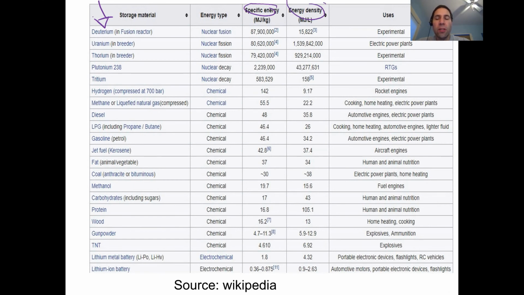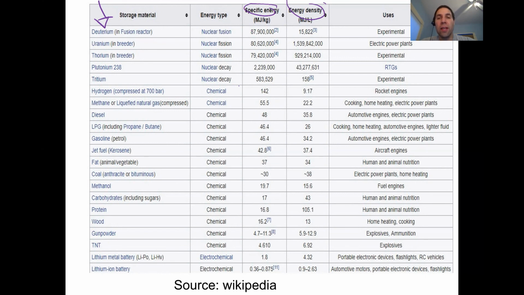If you just take a moment to look at it, just a couple things I want to point out, which I think are fascinating, is yes, look, all the nuclear stuff has a specific energy and energy density that is amazingly bigger, so much bigger than anything underneath it. Notice, just look, it's orders of magnitude apart. So this is why you can realize that there was a time period where people thought that nuclear power was going to basically solve the world's energy problems, right?